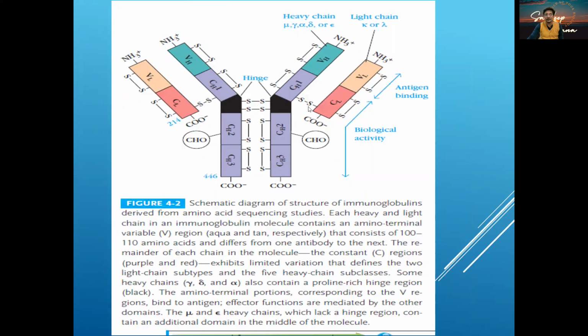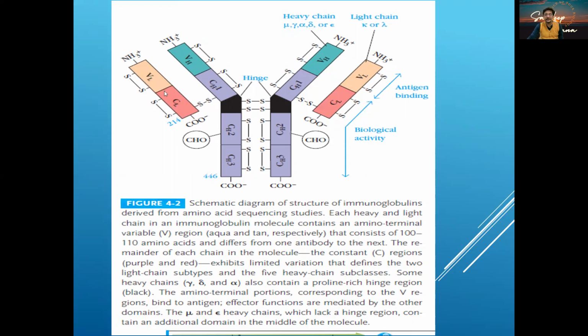If you look at the antibodies, you'll find there are two light chains and two heavy chains. This is the light chain shown over here, and this is the heavy chain. Looking at the structure, one thing you can easily make out is that there are a lot of disulfide linkages, between the chains and within the chains as well. This is the amino terminus, and this is the carboxyl terminus.